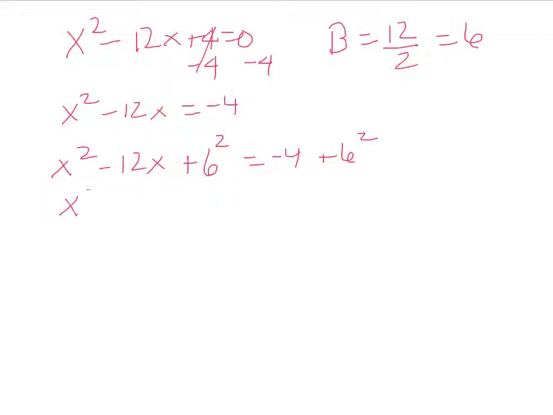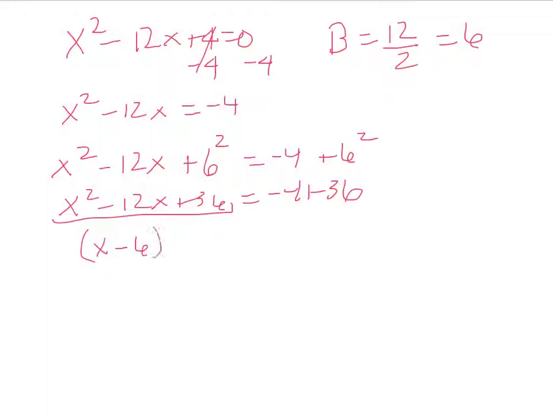So I have x squared minus 12x plus 36 equals negative 4 plus 36. And I recognize that this is a perfect square trinomial. So I get x minus 6 all squared equals 32.